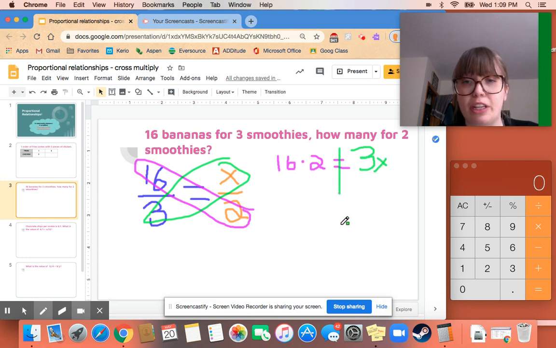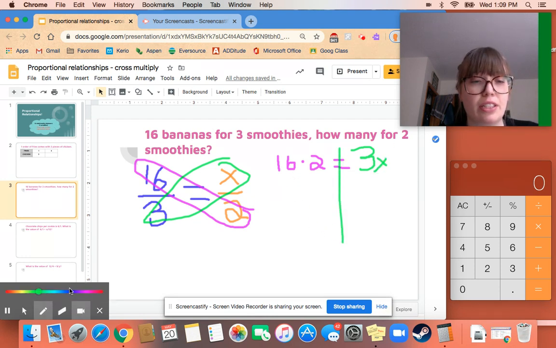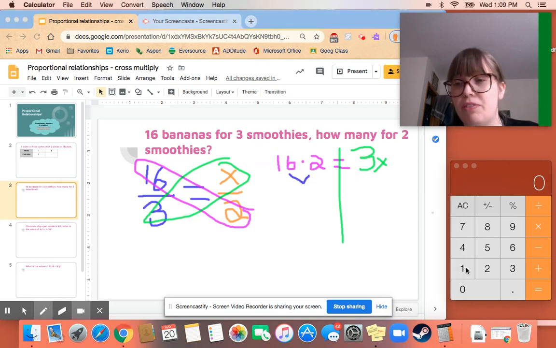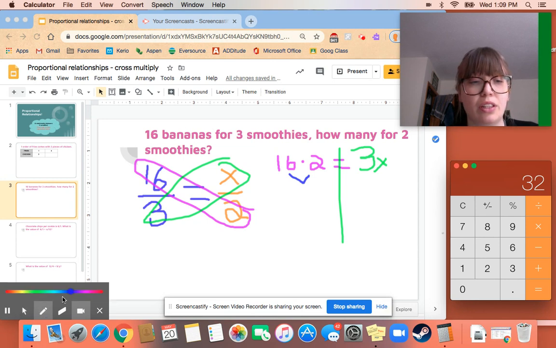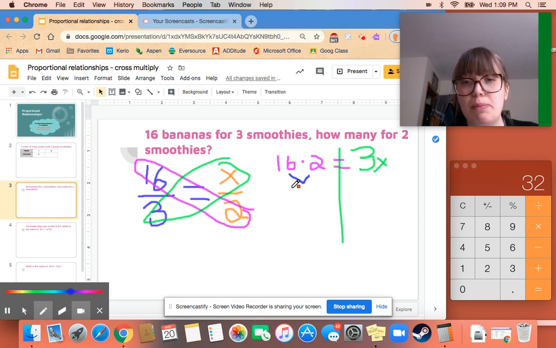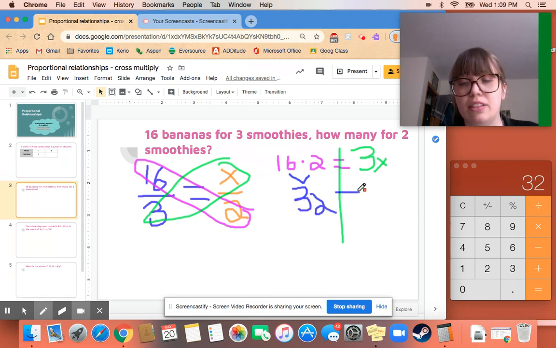Now I know 16 times 2, but if I don't, I can just use a calculator. Oops, not 11. 16 times 2 is equal to 32. 32 is equal to 3x. Now, unlike last time, I have to do some dividing because I don't want 3x's.